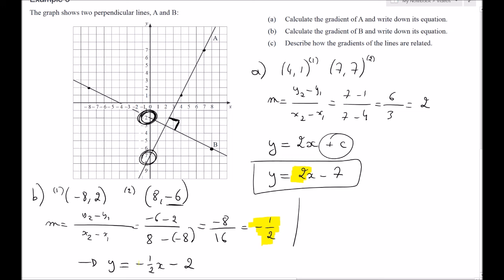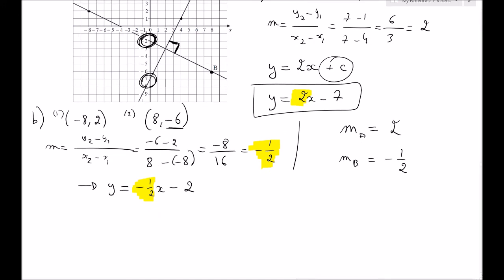Now I'm going to have a look at the two gradients of these equations. So I have minus 1 over 2 and 2. How are they related? Well, this might be a bit tricky to see at first, but we have m of a, so the gradient of a is 2, and the gradient of b is minus 1 over 2. What happens is the following.